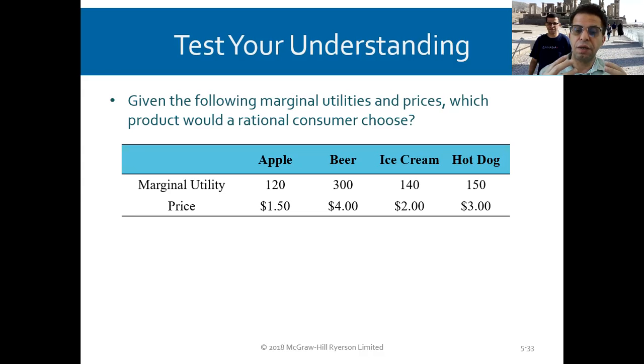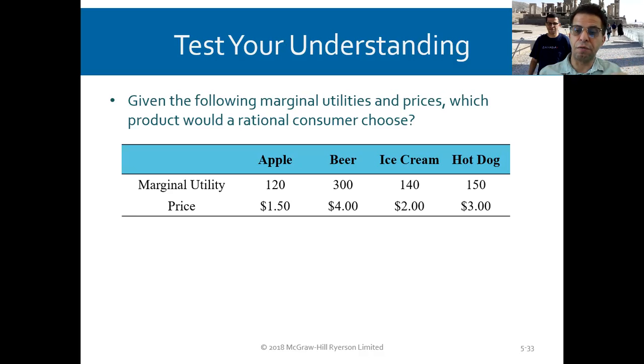On the other hand, the marginal utility is way higher for the beer, but the price is $4. The ice cream is definitely higher than apple, but $2, and the hot dog is also higher than apple, but it's $3. Looking at the marginal utility, you will choose the beer.